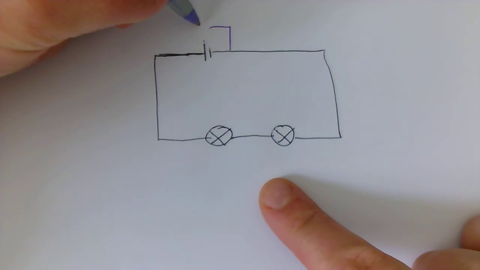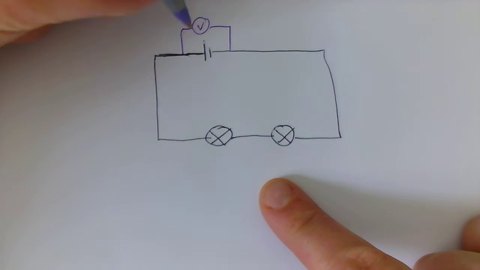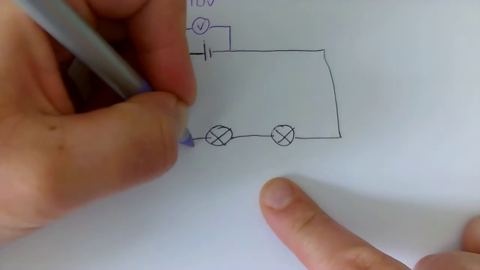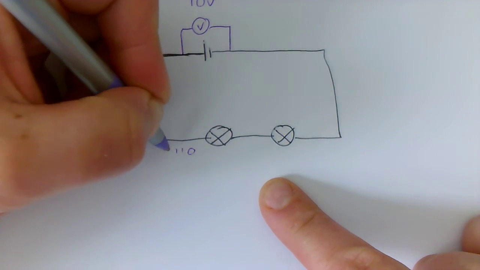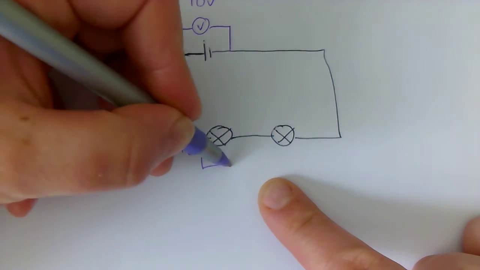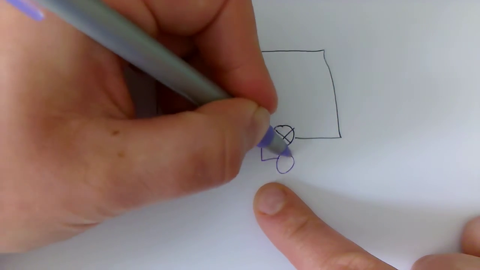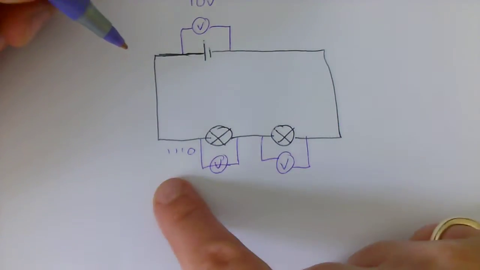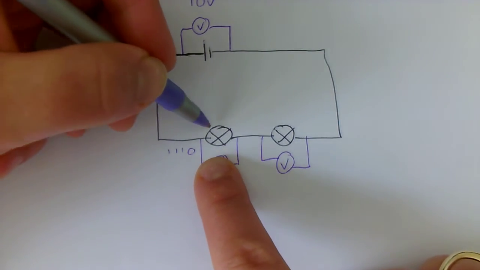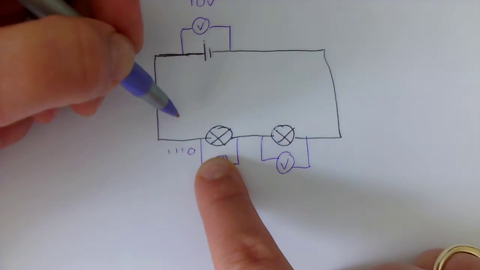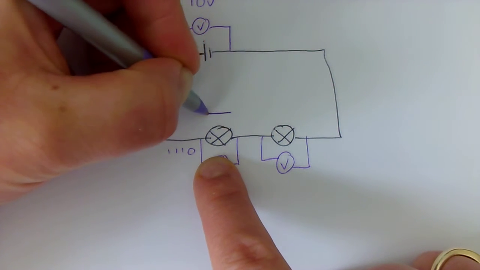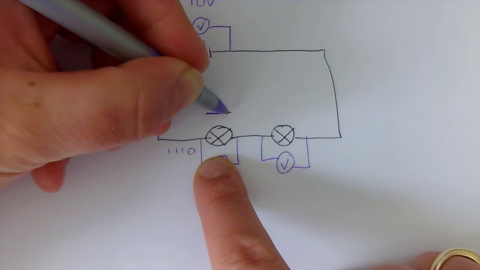So if this is my voltmeter here and it's 10 volts, the push of these has to be shared between each one. Okay, each bulb has resistance because it has a small thin wire, so now it's harder for the electrons to flow.